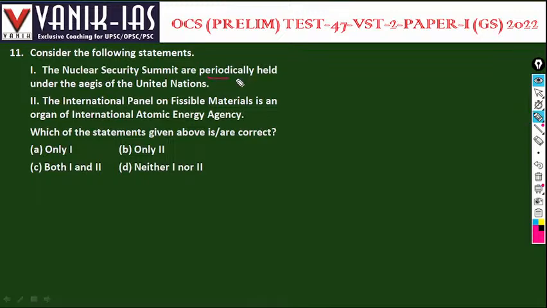See, whenever you say something periodically or steadily, such sentences are usually wrong. But here it is every 2 years that the Nuclear Security Summit occurs.